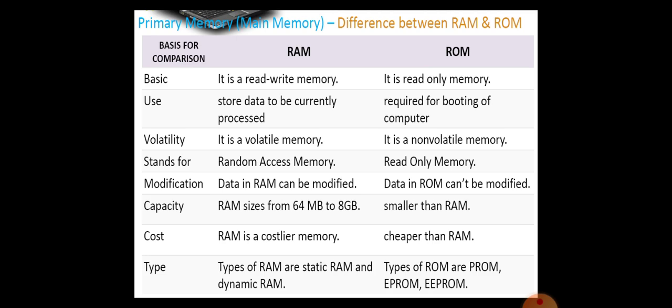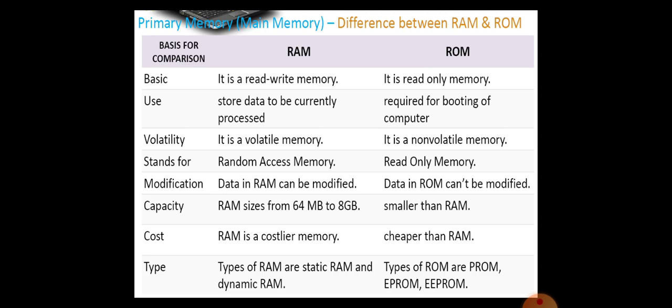It is used to store data or instructions to be currently processed. That means before processing any data, it has to reside in random access memory. It is a volatile memory.